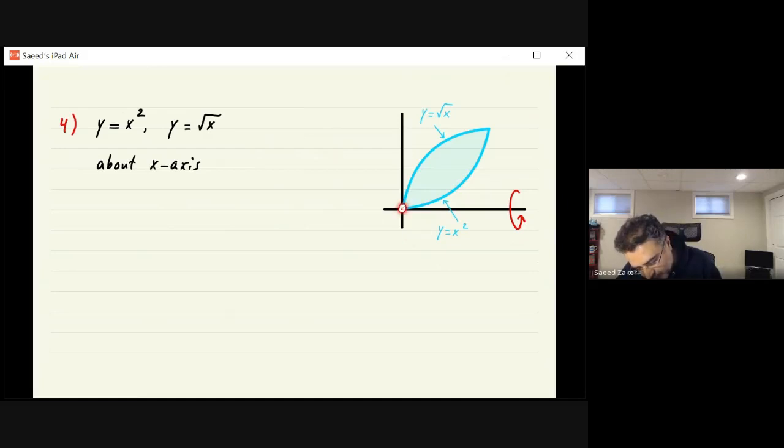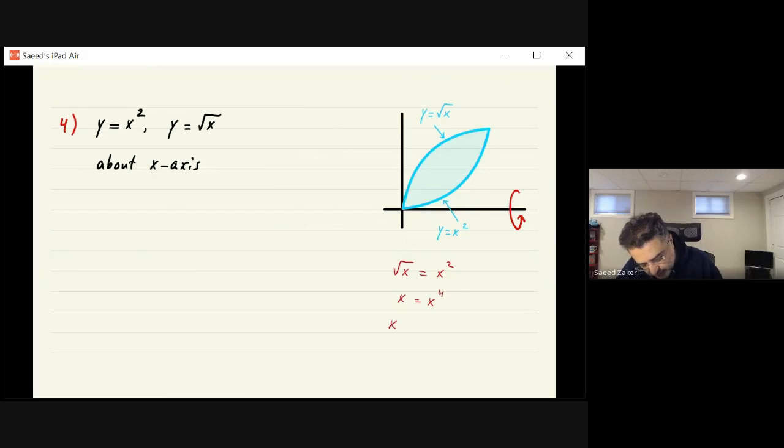So this endpoint is obviously 0. This endpoint is, again, 1. If you set these two equal, you can guess that it's 1 because square root of 1 is 1 and 1 squared is 1. But again, you set root x equals x squared. Maybe square each side. x equals x to the fourth.